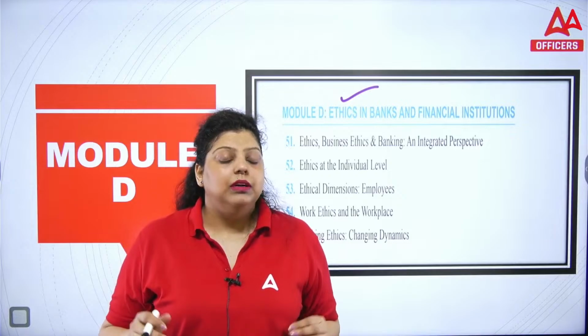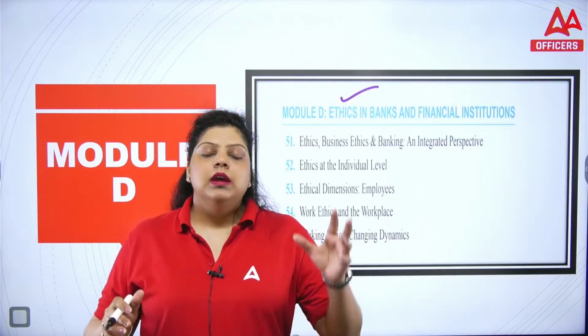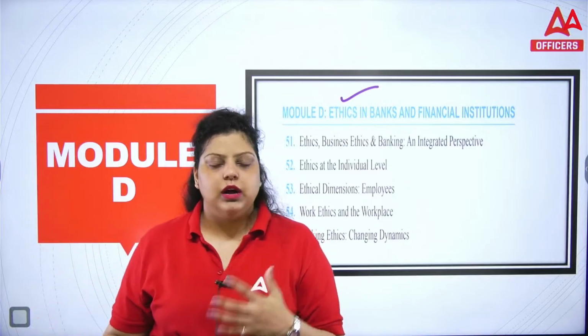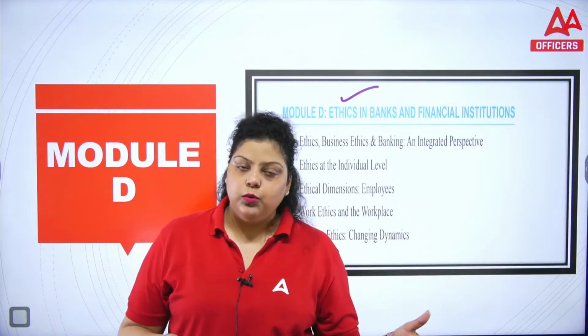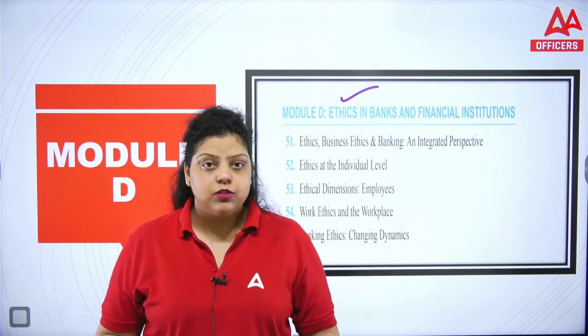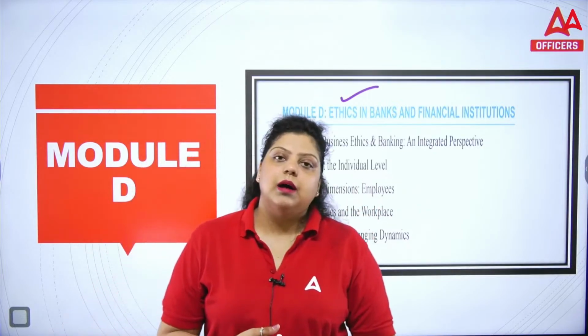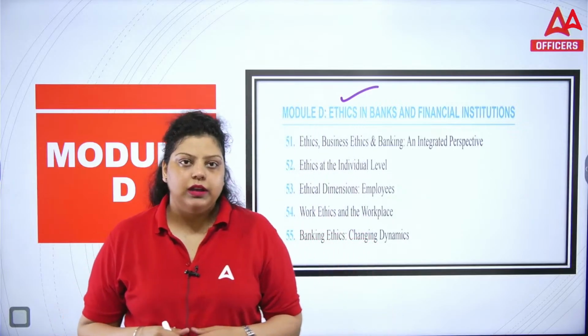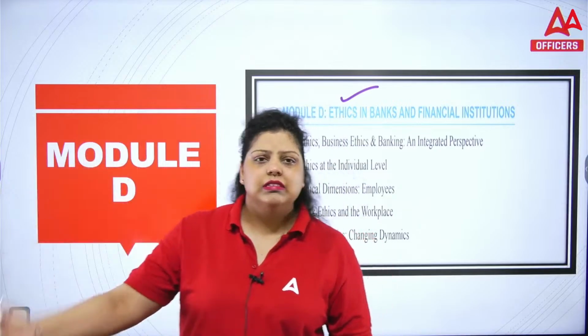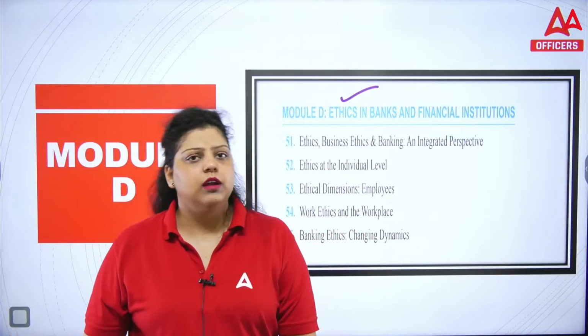Like, it is possible that the thing we are talking about, according to my values, according to my morals, is right to do, but according to your values, according to your morals, the same thing can be wrong, right? Let's say, for example, someone is doing ragging in a college and I have seen that, and I feel like, yes, I have seen this in my college, so this is just a normal thing, seniors do ragging of the juniors.